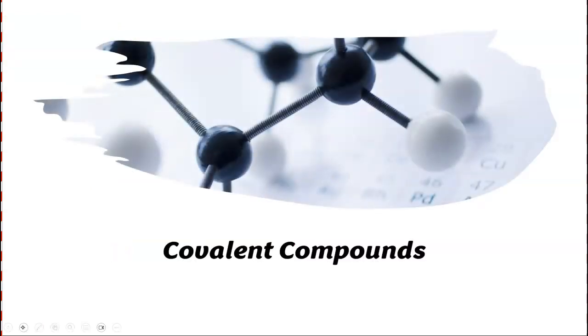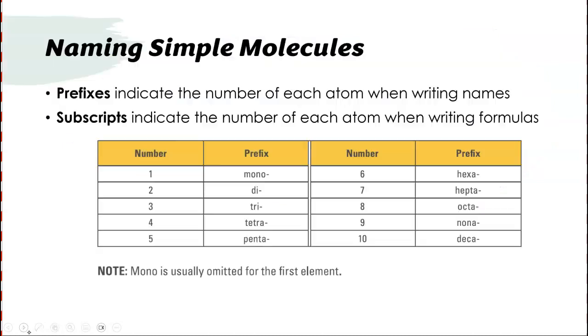Now we are ready to move on to naming covalent compounds. When we name simple molecules with covalent bonds, we have to indicate the number of each atom when writing the names, and we use subscripts to indicate the number of each atom when writing formulas. So for example, if you want to write out the scientific name for water.